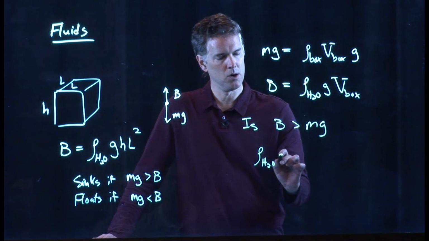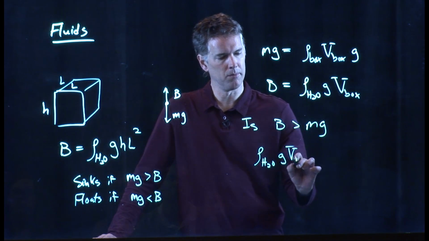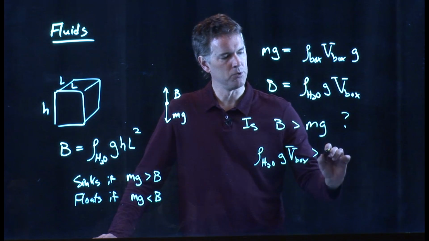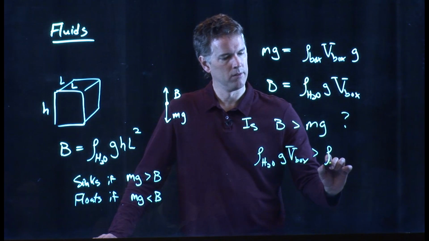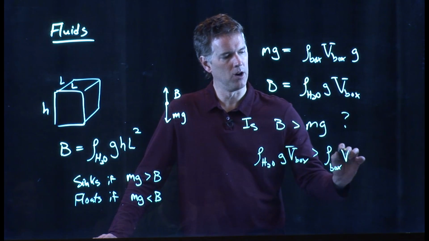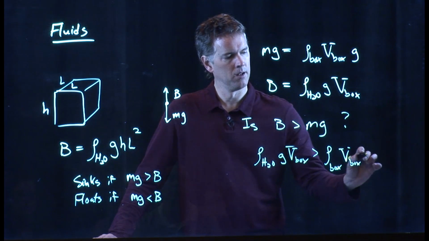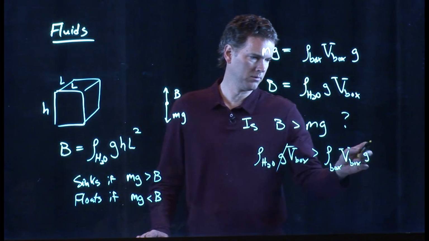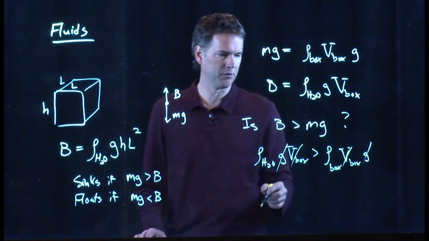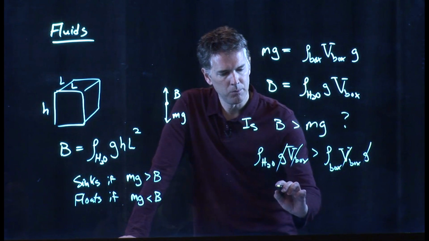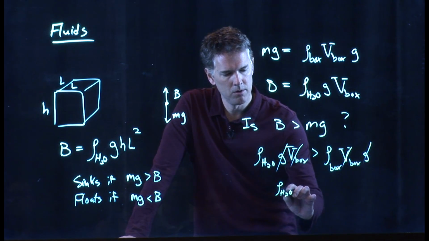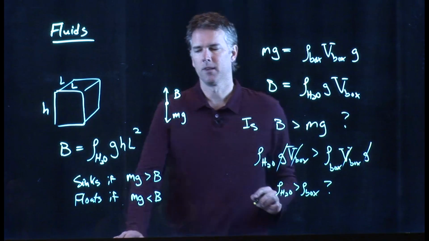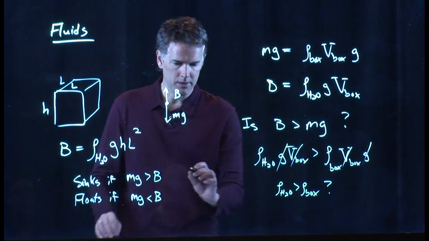Rho H2O, g, volume of the box. Is that bigger than mg, which is rho for the box, volume of the box, times g? And look what happens. g cancels out, V box cancels out, and we end up with rho H2O bigger than rho of the box or not. It's all about the densities.